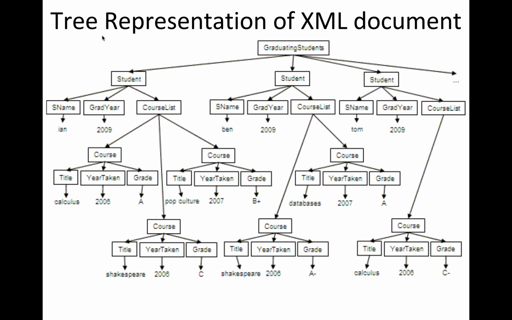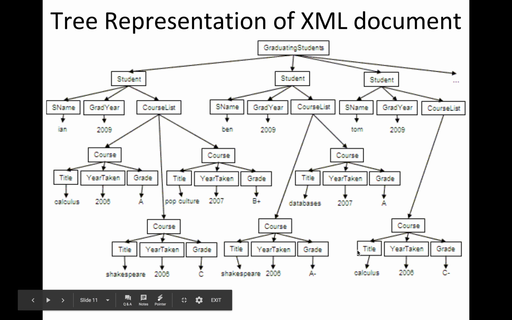All right. Again, the same issue here, that calculus is represented once here, title and year taken, and the title over here. The title is being represented twice, whereas the year taken, perhaps they don't necessarily have to be the same. I might have taken it in one year, you might have taken it in a completely different year. We might have gotten different grades, certainly.